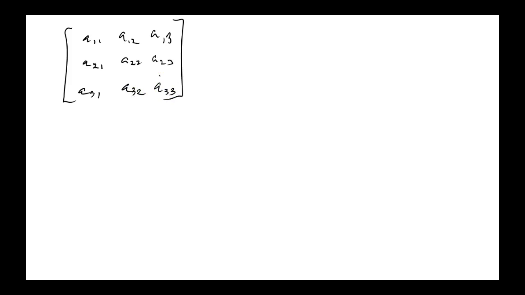That's your matrix A. Now your minor, your 2, 1 minor of this matrix A, is eliminate the second row and the first column.